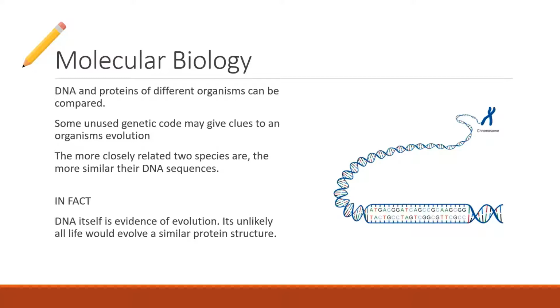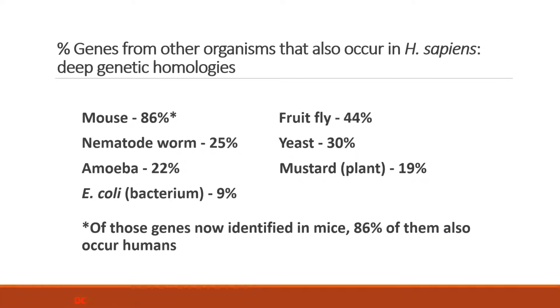Millions upon millions of years ago, one plant would have evolved into a banana, and that plant also evolved into a human being. Because we evolved from the same starting thing, some ancient banana human thing, we both have DNA.